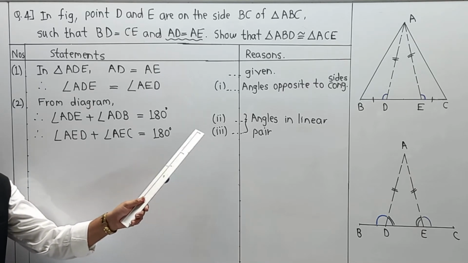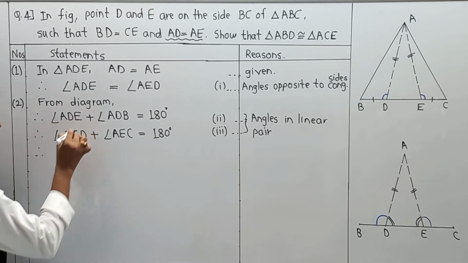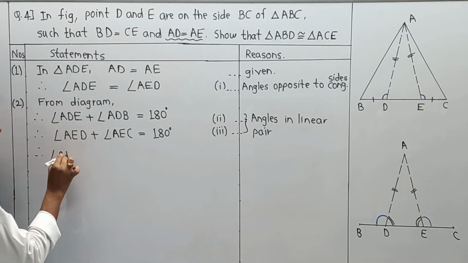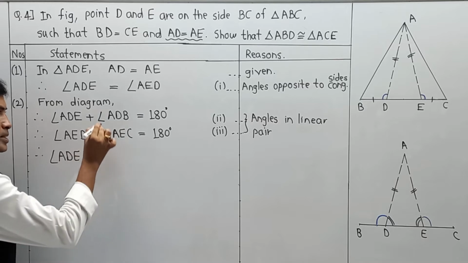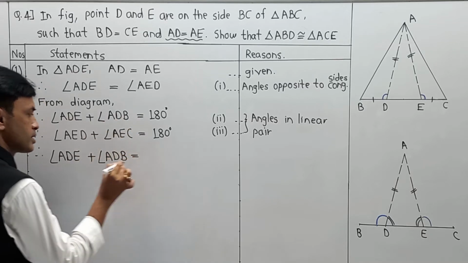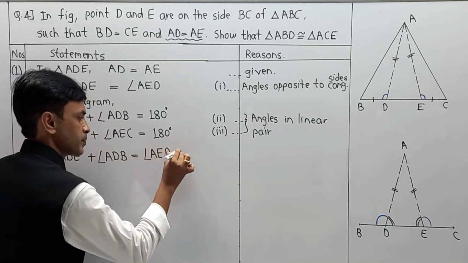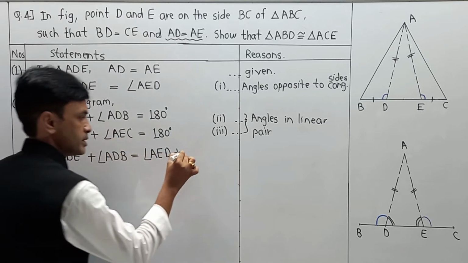Writing the conclusion from 2 and 3, the part is therefore angle ADE plus angle ADB is equal to angle AED plus angle AEC.